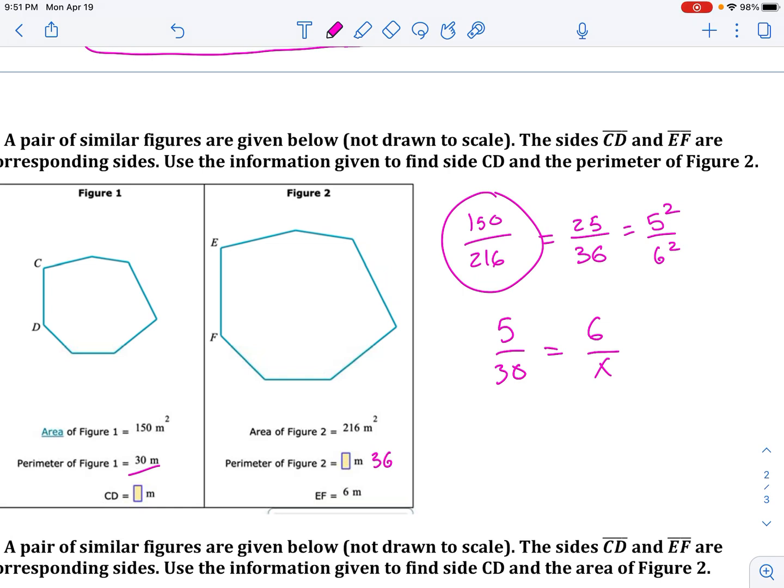So 36 would go there. X equals 36. And then for my scale factor, these two right there, it's giving us our scale factor of the 1 to be 6. So we know that the other one has to be 5 because that's what we're using right there, the 5 and the 6. So if one of them's 6, the other one has to be 5.